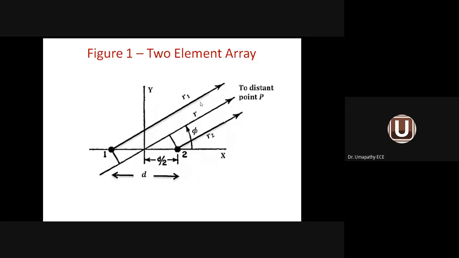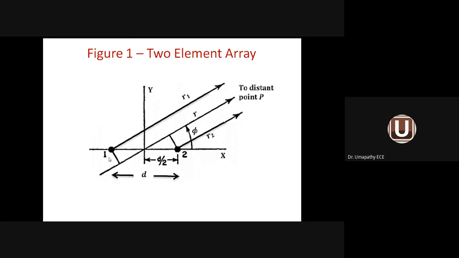First antenna element. Second antenna element number 2. Distant point P. At this distance only I am going to measure the radiation. R1, distance between the source 1 or the first antenna element and the point P. R2, distance between the second antenna element and the point P.